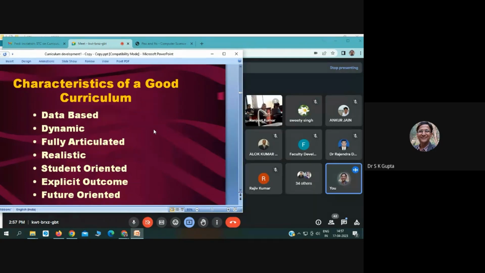When we design any program, before that we should ascertain that it is data based, it is dynamic, it should be fully articulated, it should be realistic to implement, it should be student oriented, it should give explicit outcomes, and it should be future oriented.